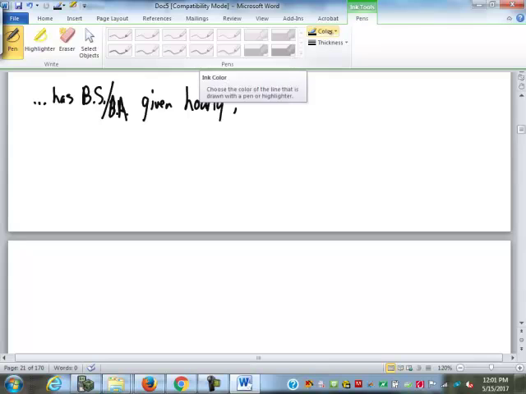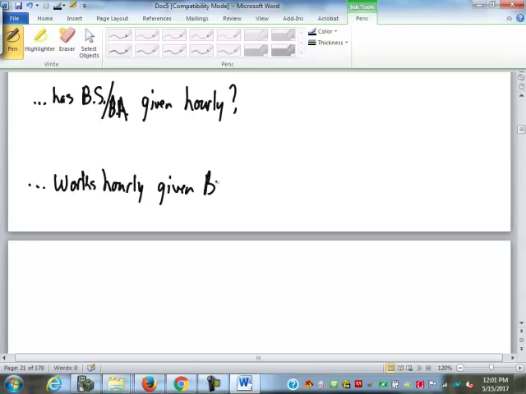So what does that mean? Well, it's important which one happens first. The next question I'm going to ask is, what's the probability a randomly selected employee works hourly given they have a bachelor's degree? They look the same, but they're very, very different.